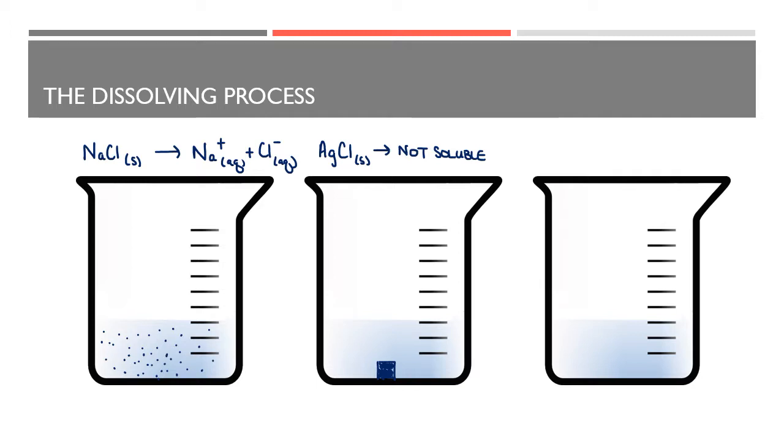In reality, if we take a chunk of silver chloride and throw it in water, it will not just sink to the bottom and not produce any ions. What will really happen is it will produce a few ions depending on how much it can dissolve. There are varying degrees of solubility, and silver chloride happens to have a very, very low solubility, but not zero.